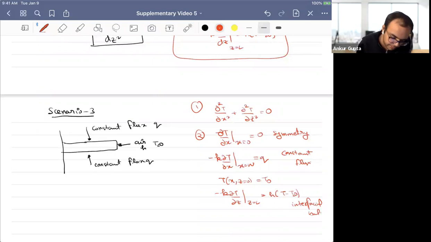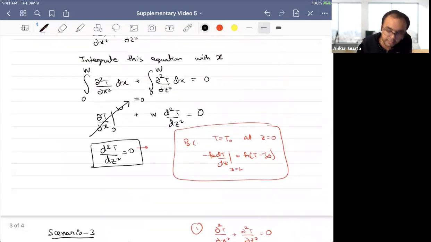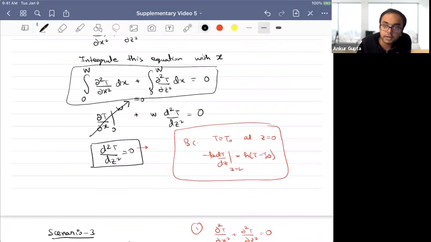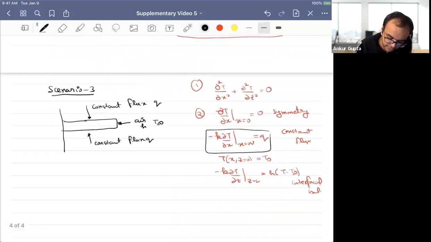In this problem, because this flux is constant, there is some opportunity to still do something interesting. When we did this integration, we got a derivative term with respect to x, and we know that the derivatives here are constant. So can we utilize something of that nature?